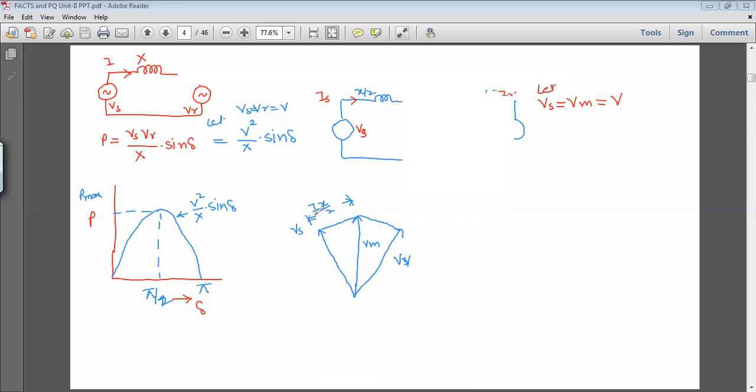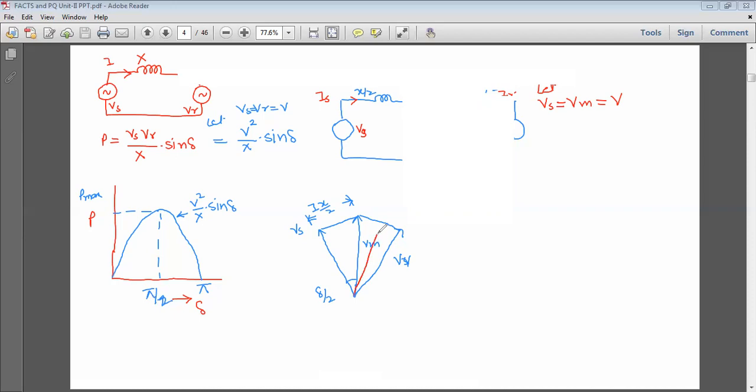Now under such condition, what would be the angle? The total angle is delta, so this angle is delta by 2. Let's add some more details.